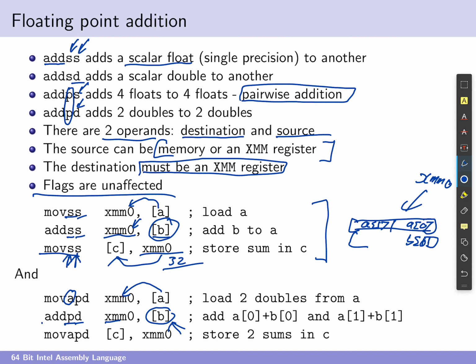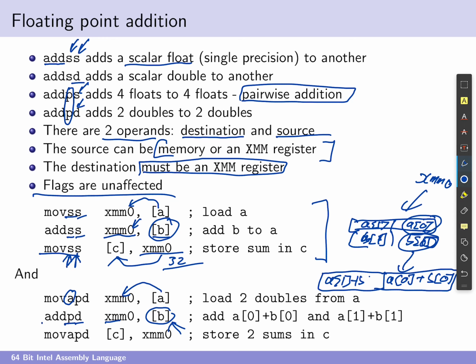So this will be the lower 32 bits from location B, and this will correspond to the higher 32 bits from location B. And I'll perform pairwise addition. So basically I'm going to add this term to this term, and the lower 32 bits of XMM0 will end up being A0 plus B0, and then in the higher 32 bits we'll end up having the result of the calculation of A1 plus B1.